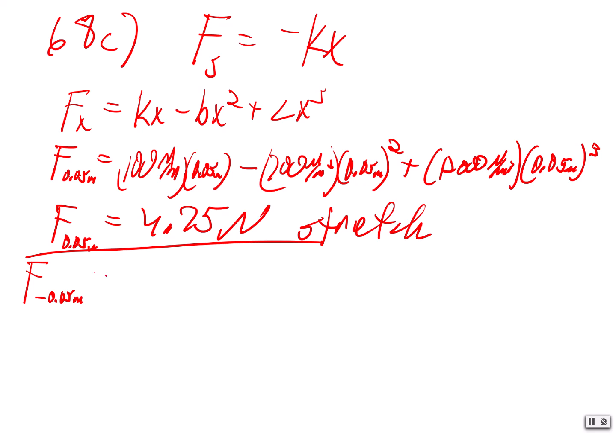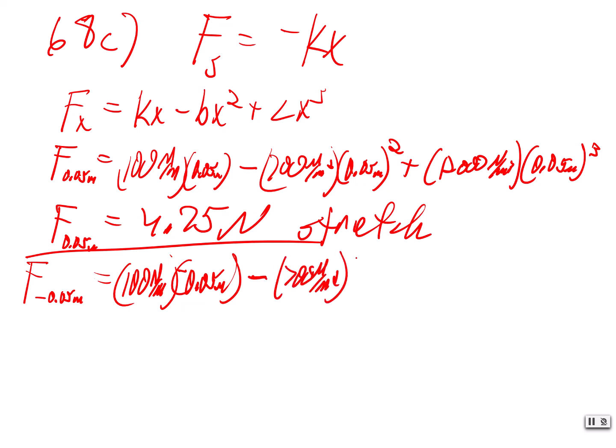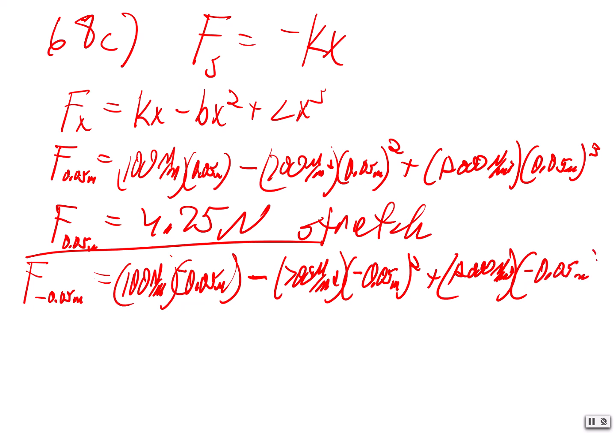All right, and then just plug everything in. So you got 100 newtons per meter times negative 0.05 meters minus, now see, here's where it's going to get important, minus 700 newtons per meter squared times negative 0.05 meters squared plus 12,000 newtons per meter cubed times negative 0.05 meters cubed.